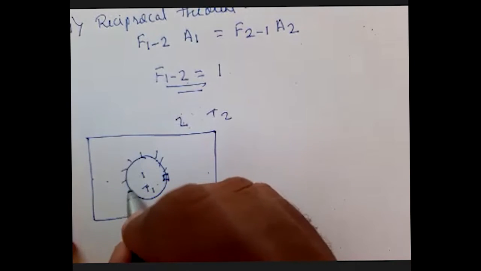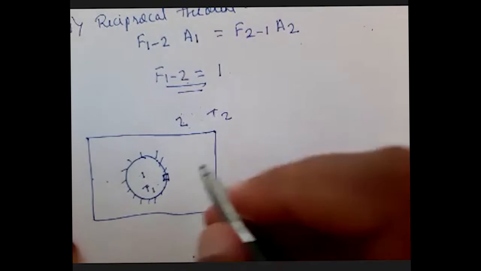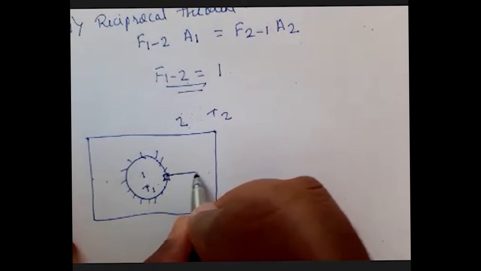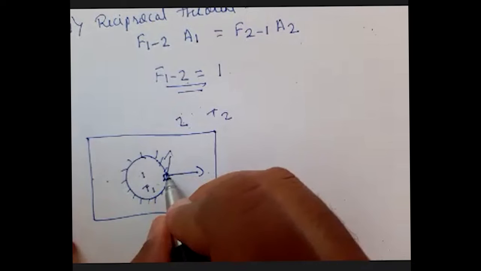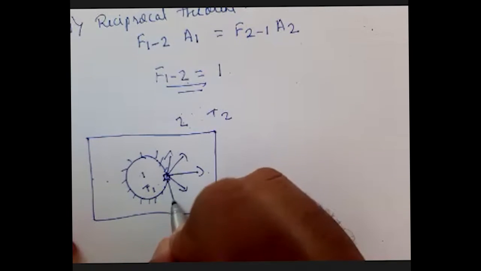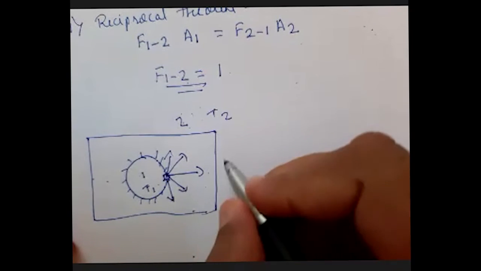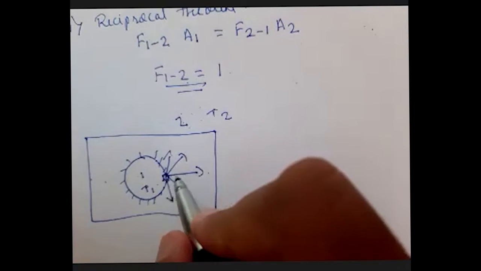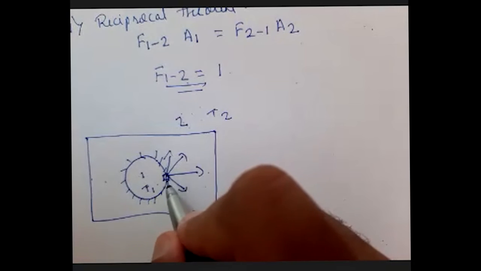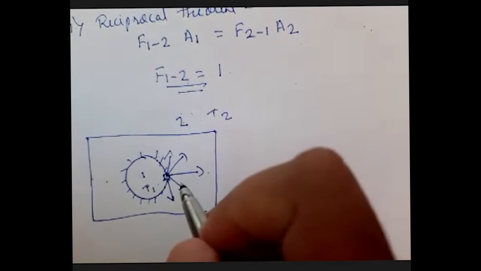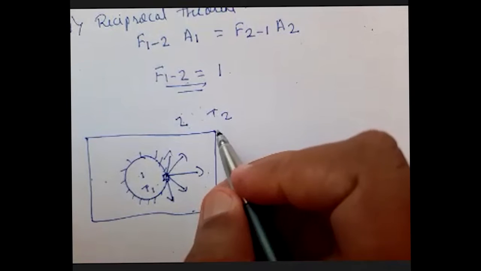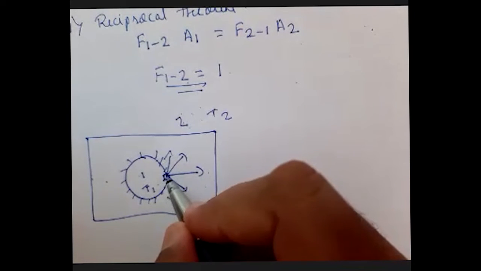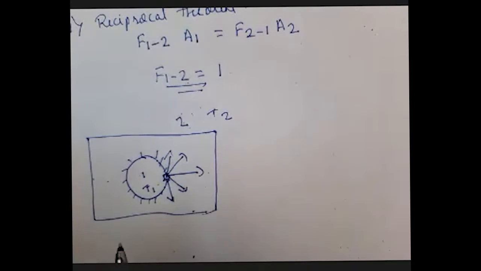The radiation emitted by this surface element 1 in the hemispherical direction is all intercepted by surface 2. So all the radiation emitted by surface 1 is intercepted by surface 2. In that case, my F1 to 2 will be equal to 1.